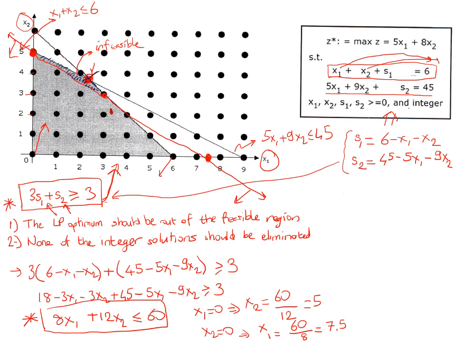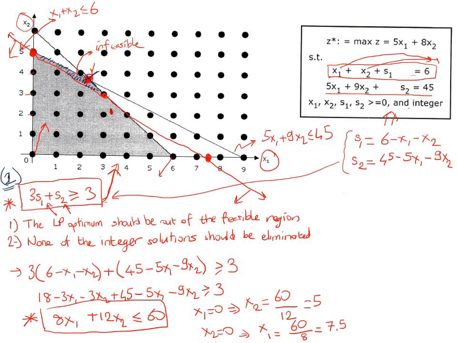So this is how we can sketch the generated cut in the feasible region for a two variable example. And we sketched the second cut that we generated.